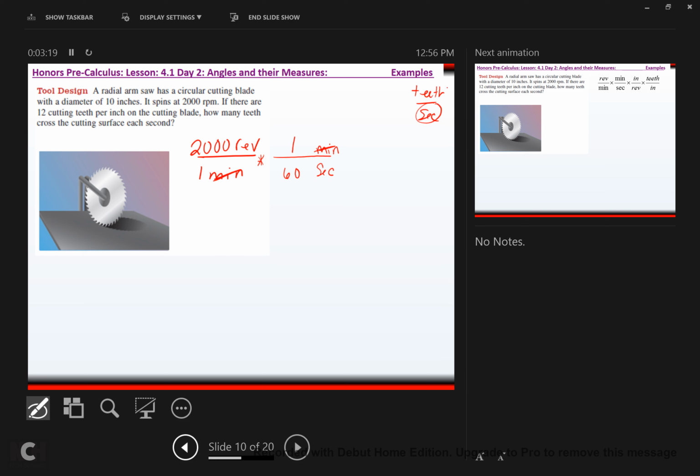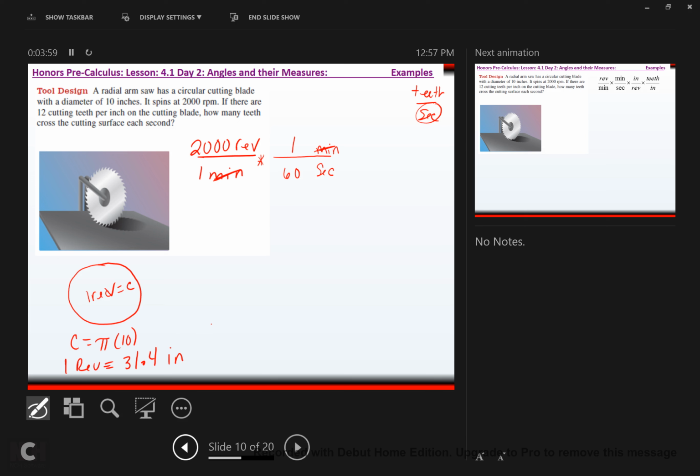Now I need teeth. Well, teeth on this blade, right? 1 revolution would be the circumference, and the circumference is going to be pi times the diameter, which is pi times 10, which is 3.14 times 10. So the circumference, which is 1 revolution, is equal to 31.4 inches.